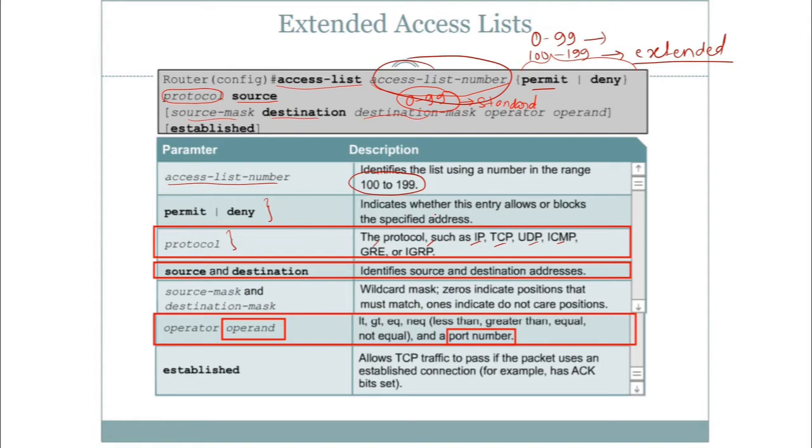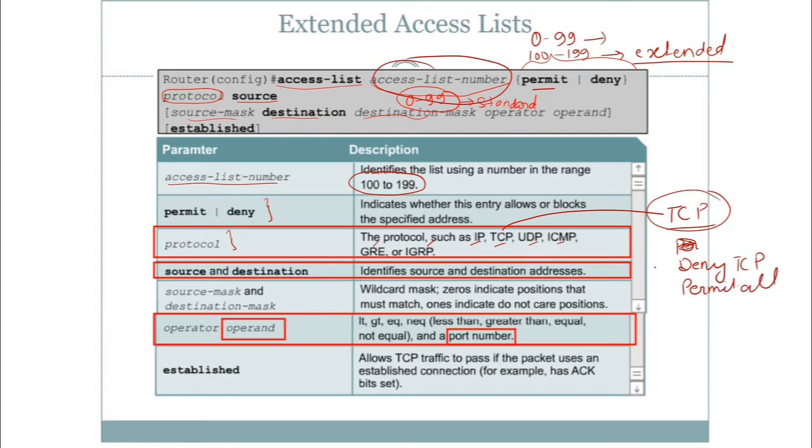Sometimes you need to allow only TCP traffic, so you can permit TCP, and by default the remaining will be denied. And if you want to block TCP only, you first have to deny TCP, and then you permit all the remaining.